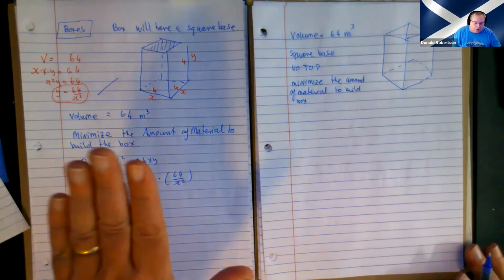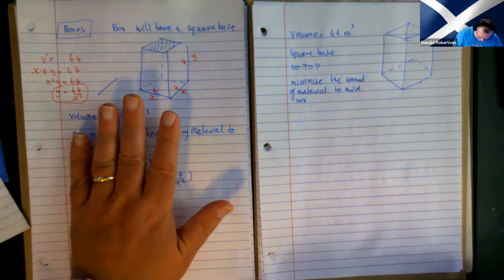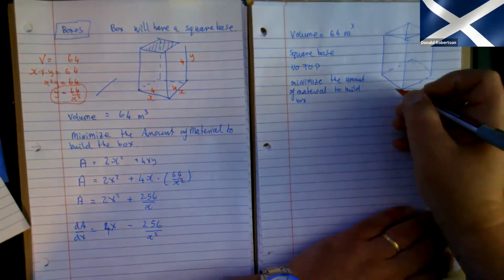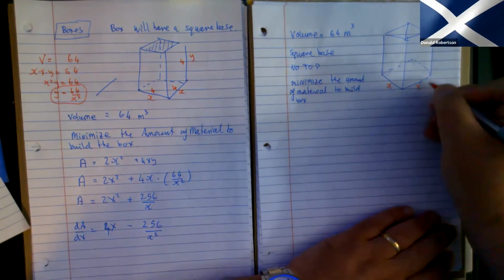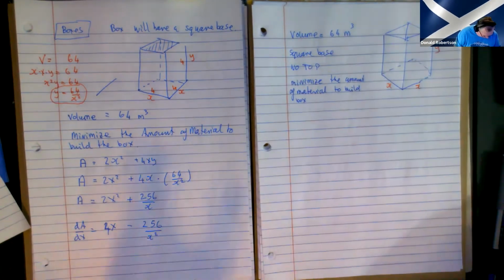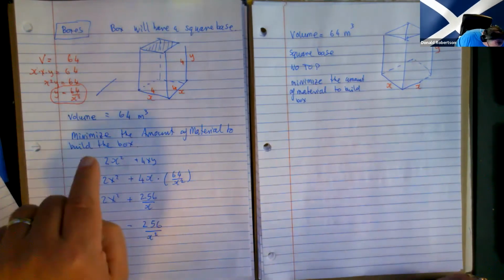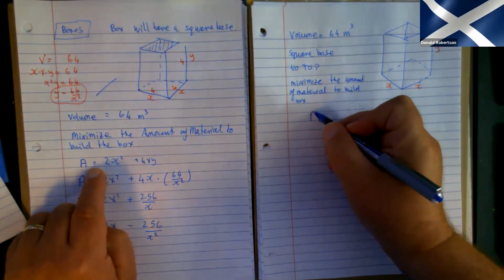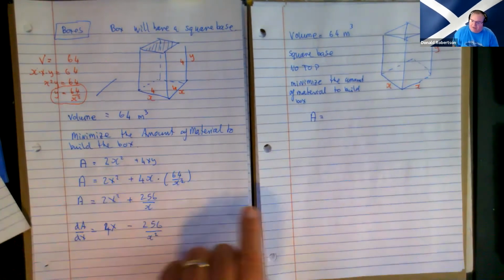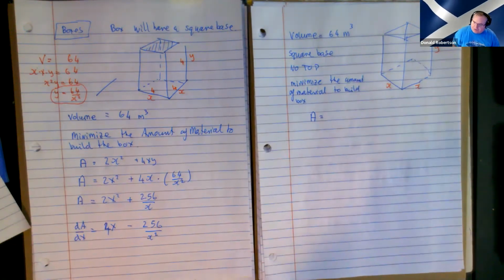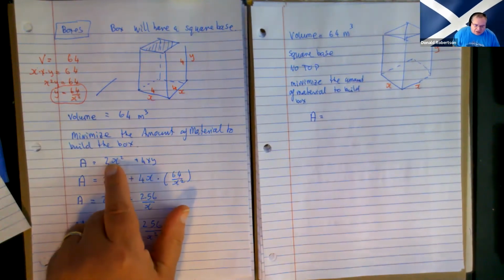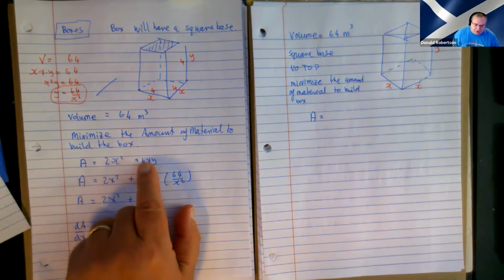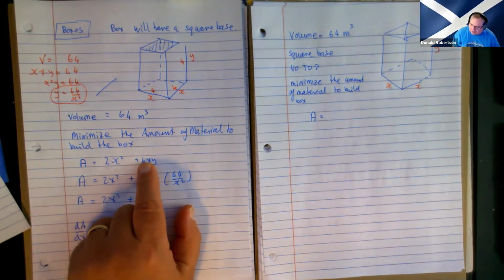Now, since I've already got a lot of what we need set up here, I'm going to call this X, and I'm going to call this Y. That's fine. The area, the amount that I need to build this box, that's where the difference is. When you had a lid, wasn't it 2x squared plus 4 vertical pieces?